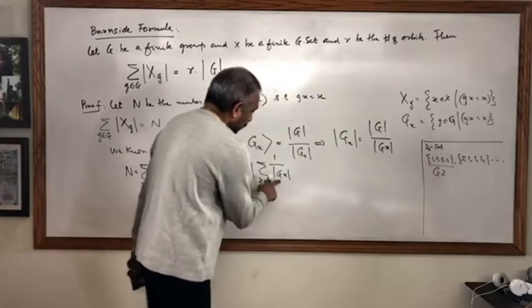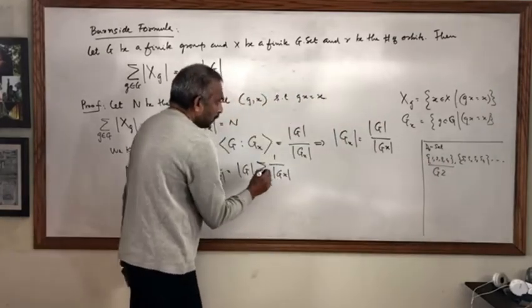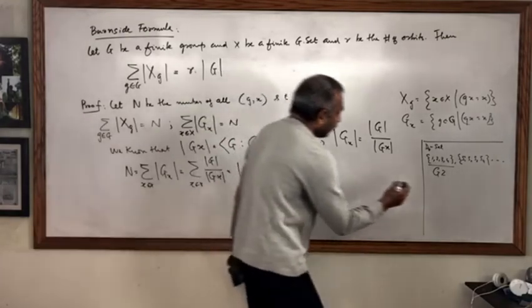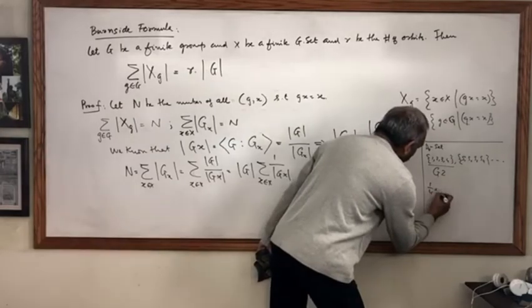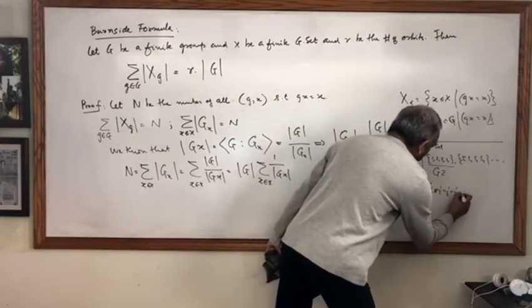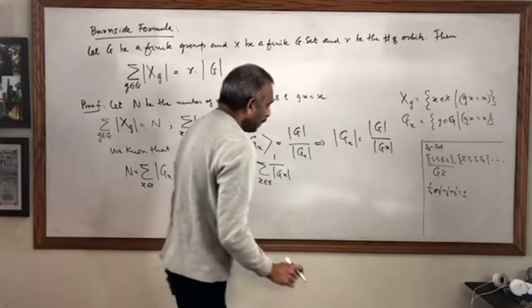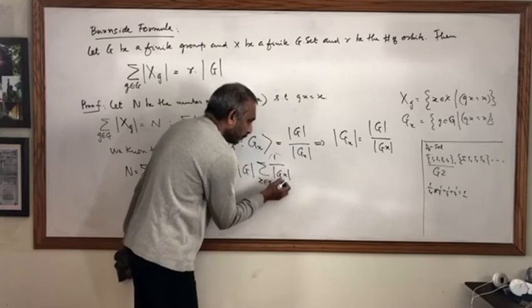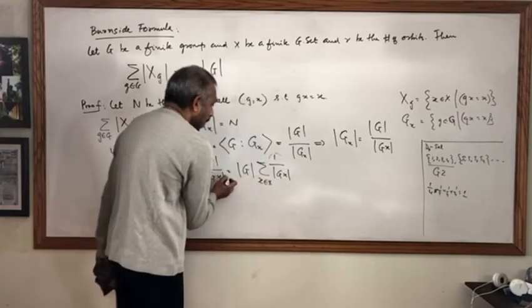So if you run x through 1, 2, 3, 4, what will happen? It will be 1 by 4 plus 1 by 4 plus 1 by 4 plus 1 by 4, which is equal to 1. So this will produce 1 for each orbit, and there are r orbits.